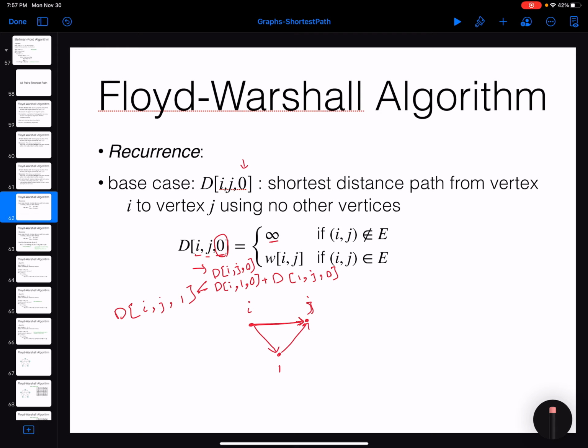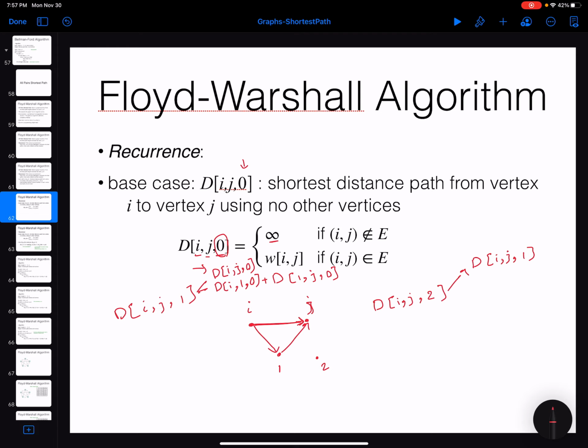Or, for example, just one more step of it, D of I, J, and 2. This will be either just using node 1, so D of I, J, and 1, or you can then use node 2 as well.